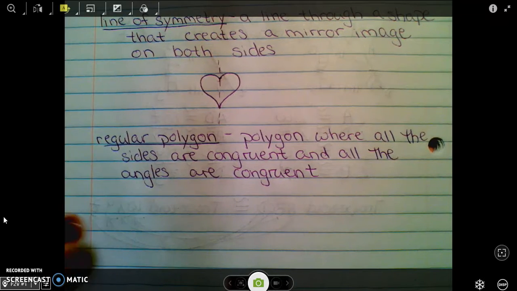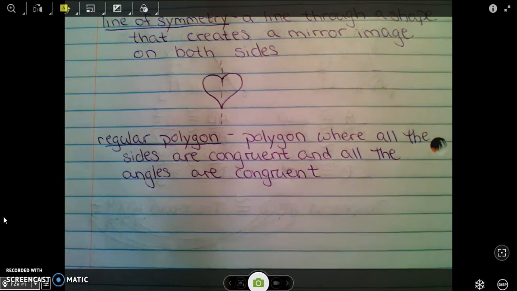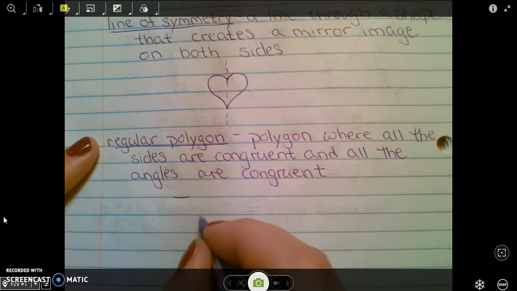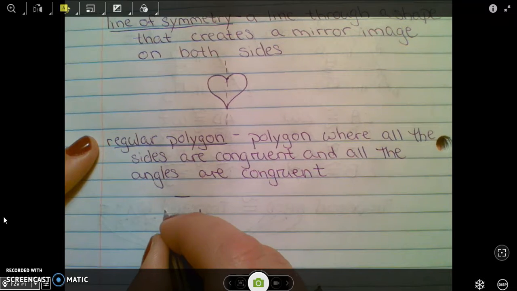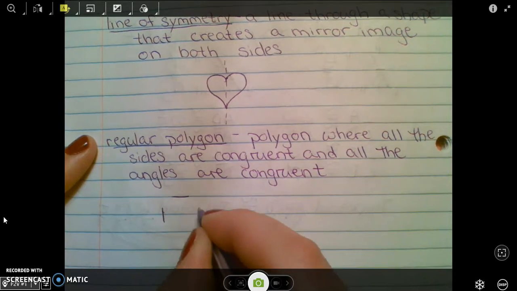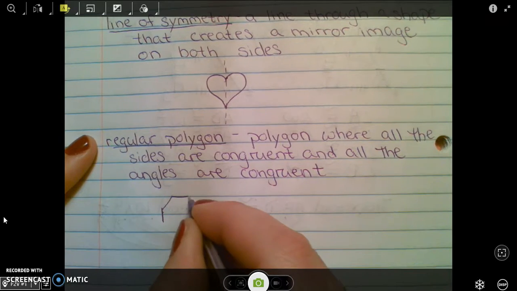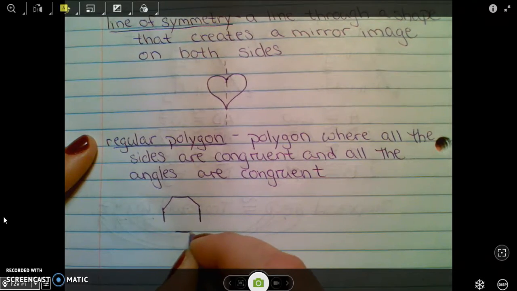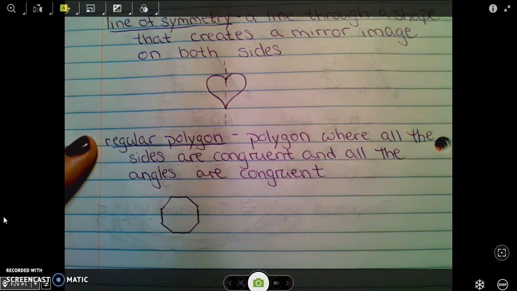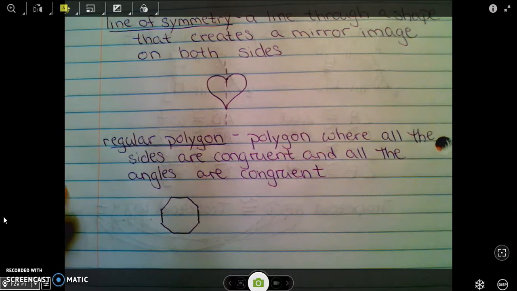A regular polygon you probably see every day on your way to school, and I will do my best to draw this, would be a stop sign. That is an octagon where all the sides and angles, if you draw it correctly, are the same length for the sides, and the angles would all be the same measure.